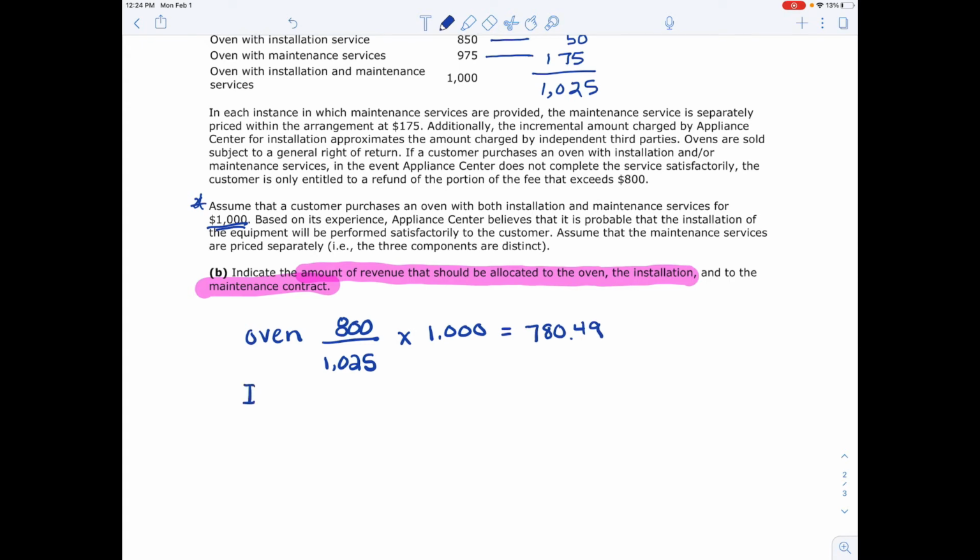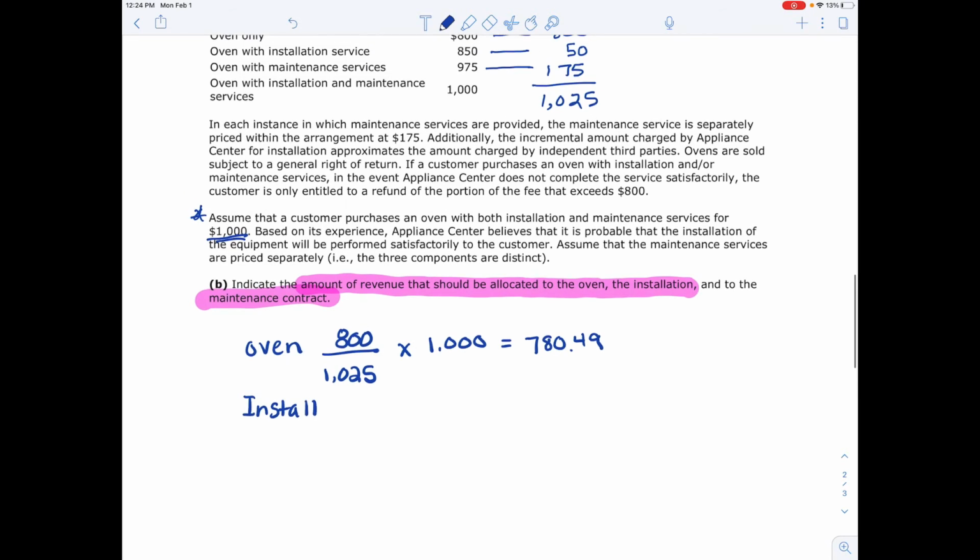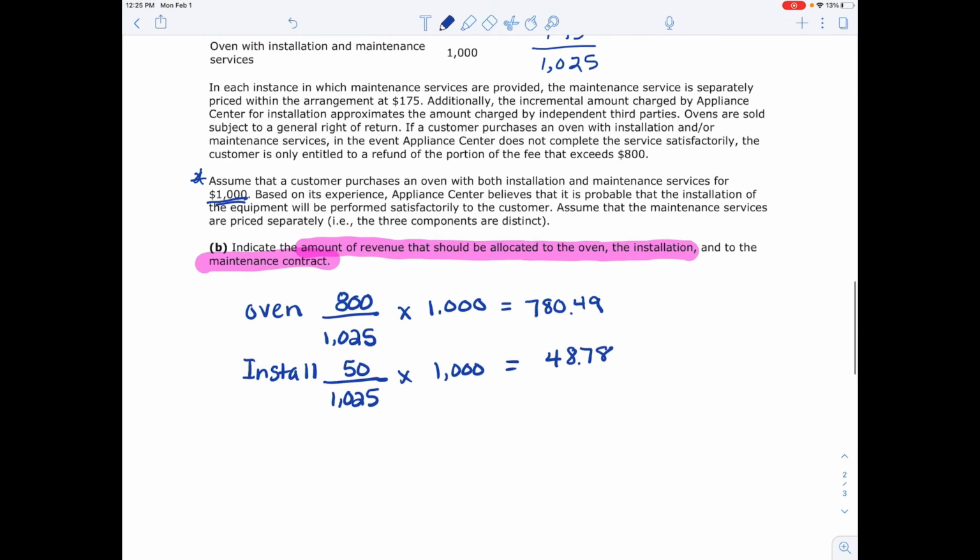For the install, we gave that a price of $50 because that's the additional charge for the install over the 1025. We're going to multiply that by the 1,000 and get to $48.78. And finally, let's look at the maintenance.